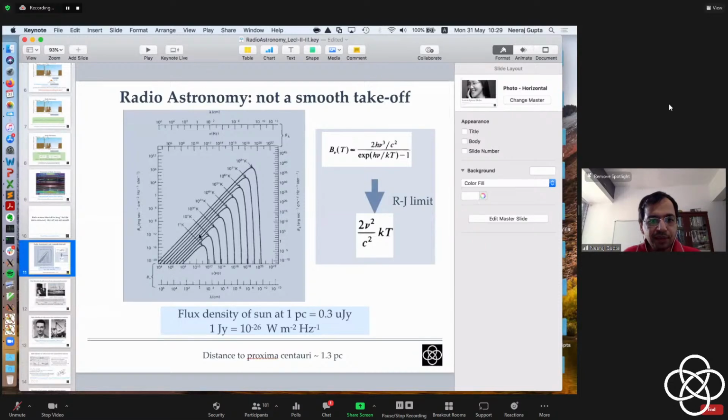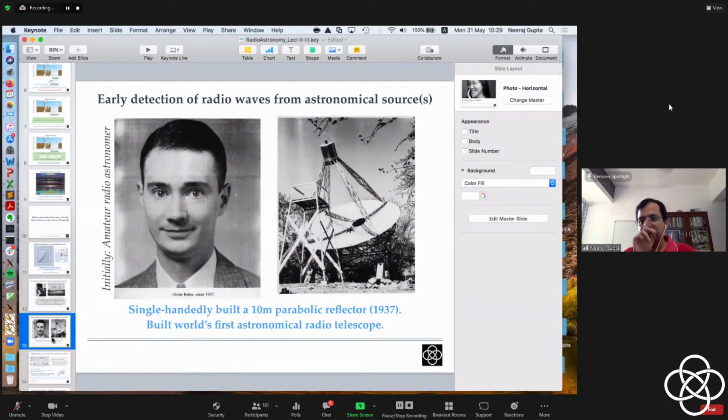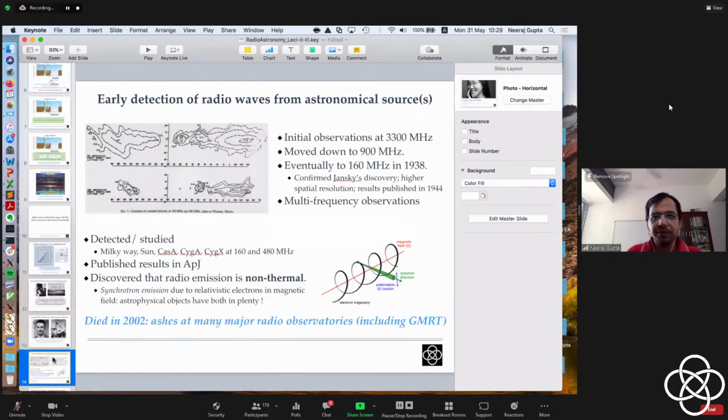So he thought that if Jansky detected a signal at a certain level at 20.5 megahertz, then if I carry out my experiments at even higher frequency, I should be able to see it much stronger, and that way I can detect more details. That was his idea, and fair enough, because that's what he thought.